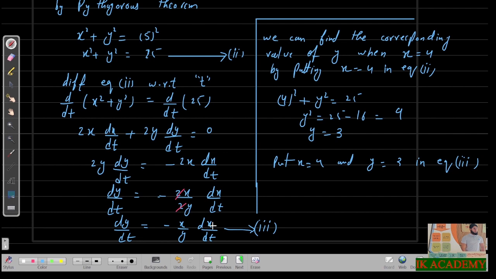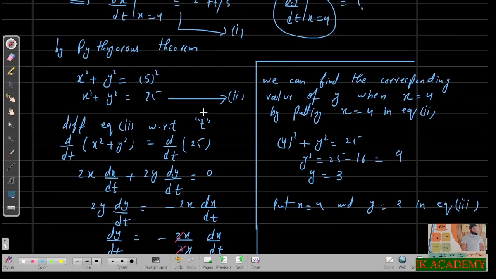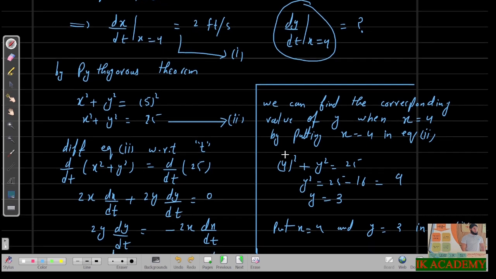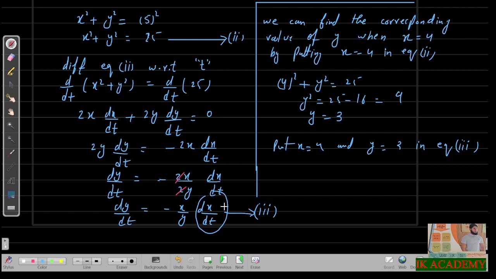We have already been given that dx by dt is equal to 2 feet per second when x is equal to 4. So I can also put the value of dx by dt, which is equal to 2, together with the values of x and y.